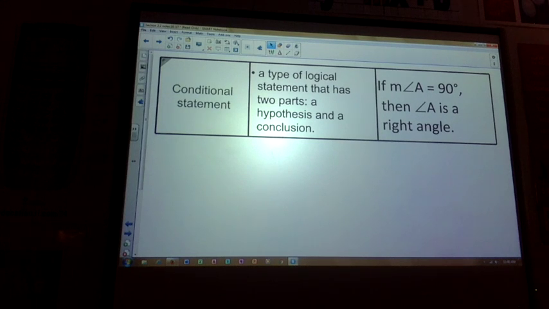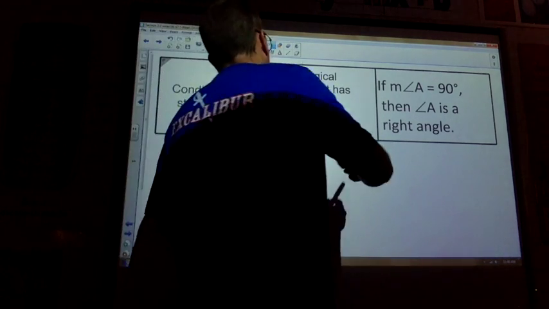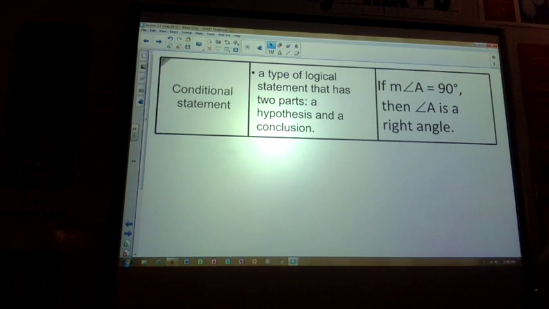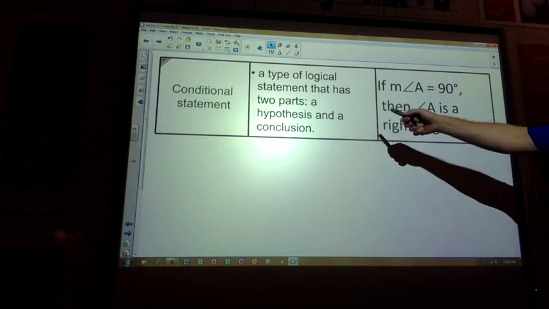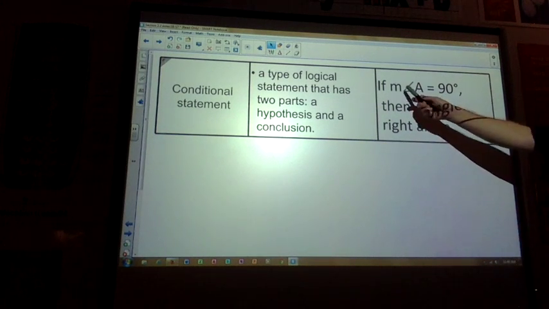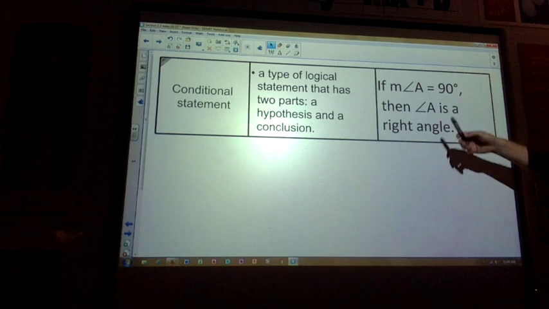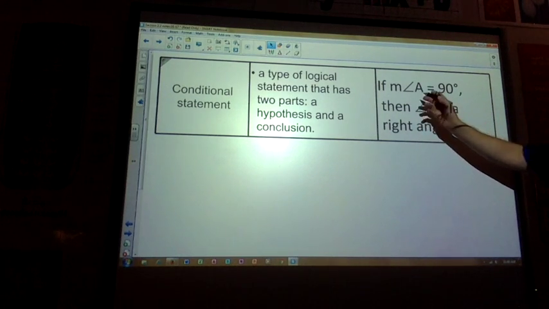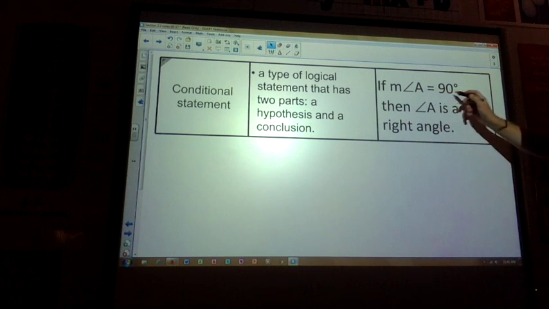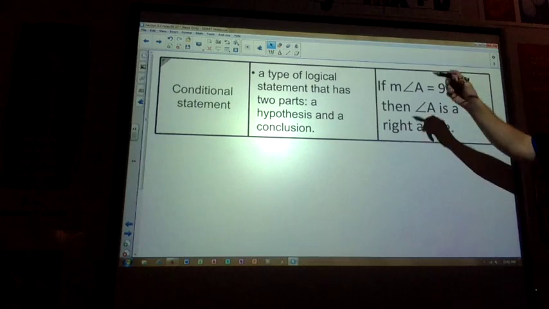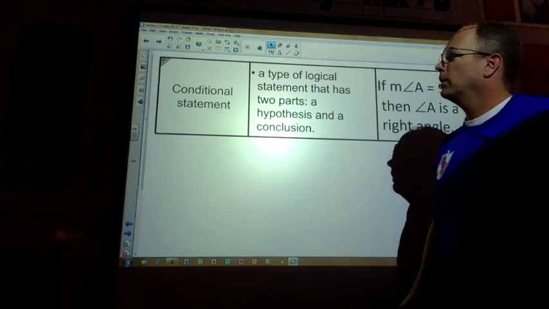If I said if today is Friday, that would be our hypothesis. Then tomorrow is Saturday is our conclusion. If the measure of angle A is 90 degrees, then angle A is a right angle. This is our hypothesis. This is our conclusion. Hypothesis to conclusion. Still with me? Can I move on?